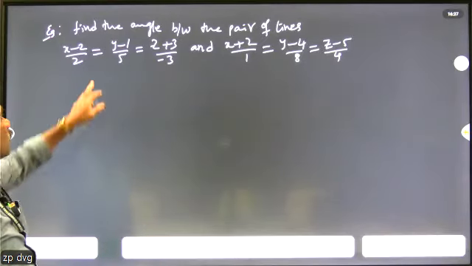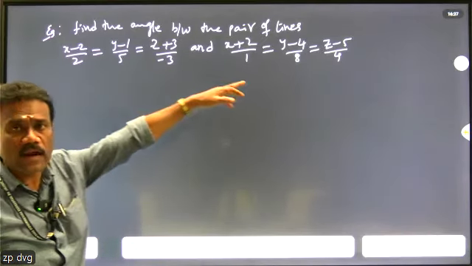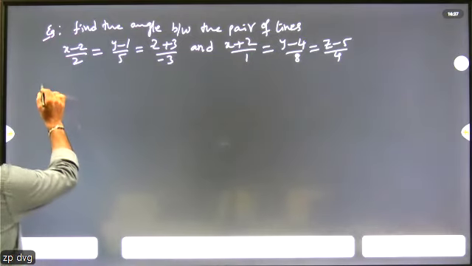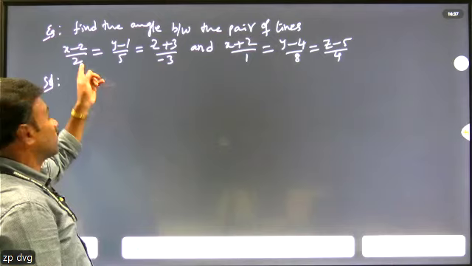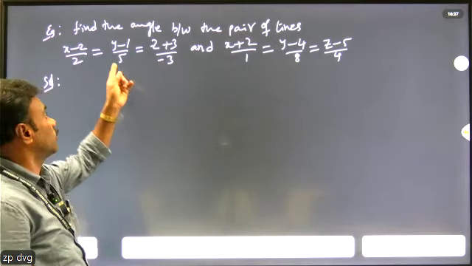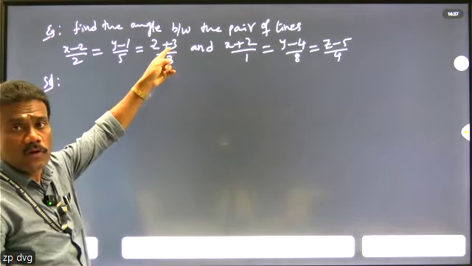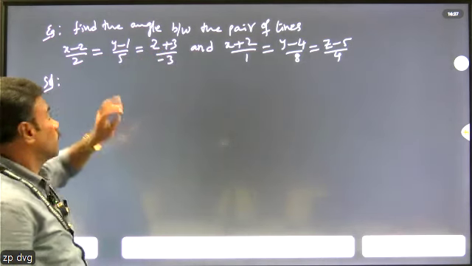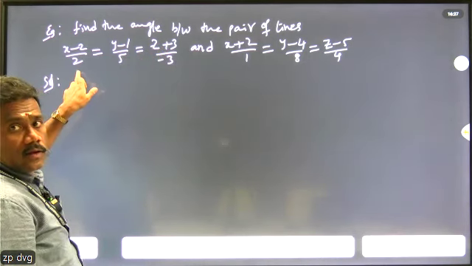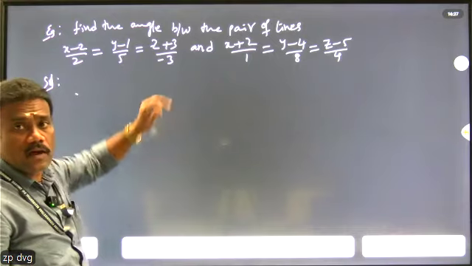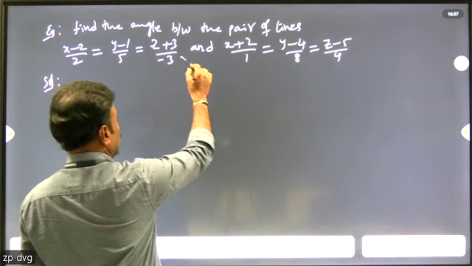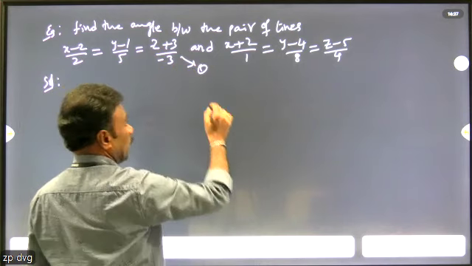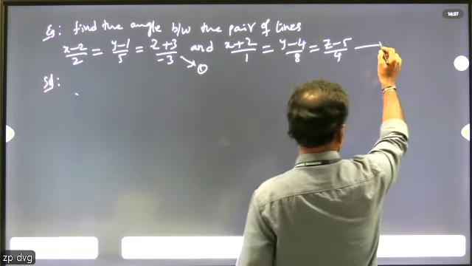Observe, this is the first line and this is the second line. For the first line, what will you get? Direction ratios. The first line is x minus 2 by 2 is equal to y minus 1 by 5 is equal to z plus 3 by minus 3. So 2, 5, minus 3 are called the direction ratios of the first line. Take this as equation 1 and that as equation 2.